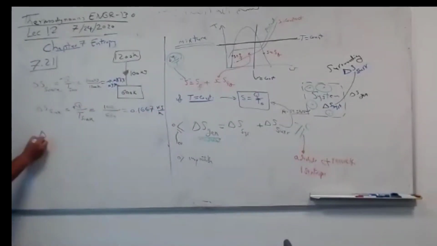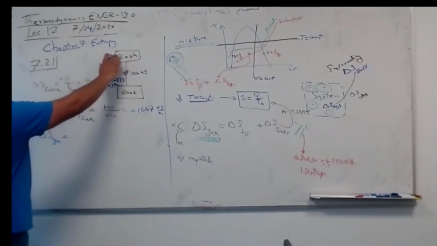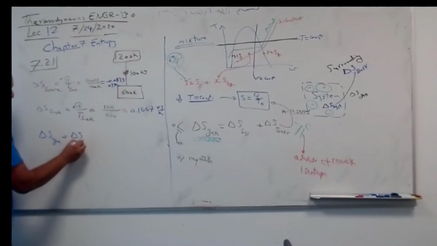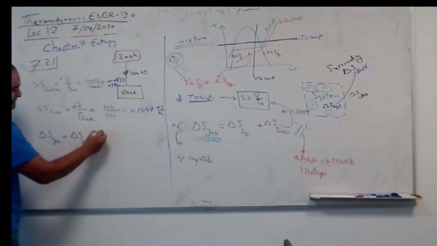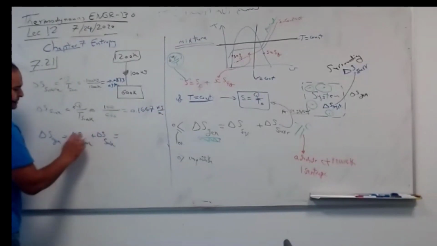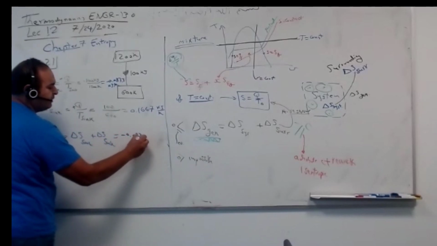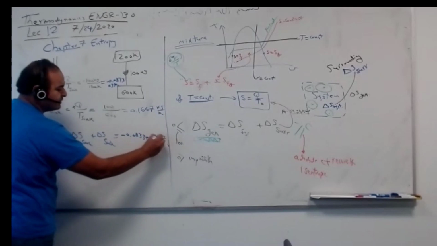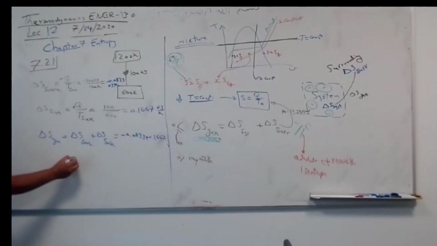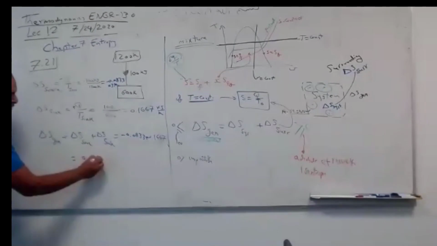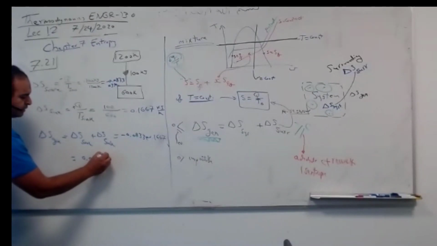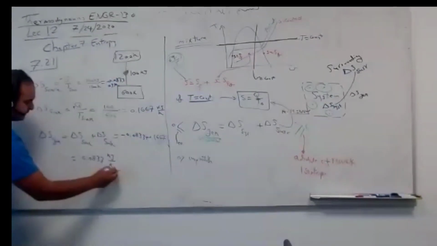So delta S generation, all the delta S's, we have only this and this. So delta S source plus delta S sink, all the delta S's, like system and reservoir and so on. So it's negative 0.0833 plus 0.1667, which is positive 0.0833, I think, kilojoule per Kelvin.